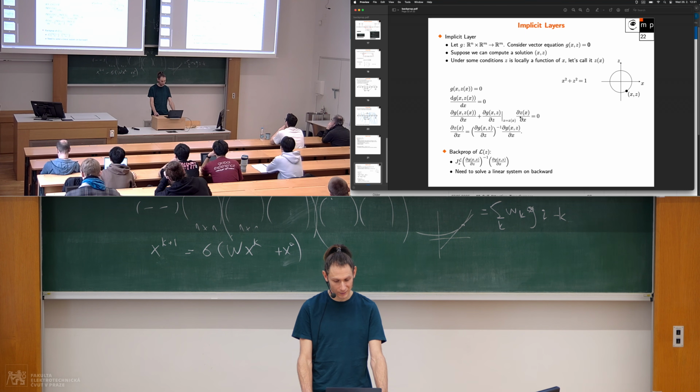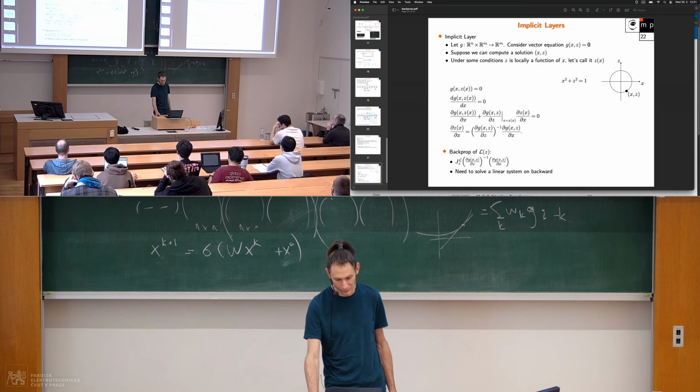And then from this identity, I can express the derivative of the implicit function z with respect to x. So then we need just to invert this part, and we got this. And here the minus is missing.